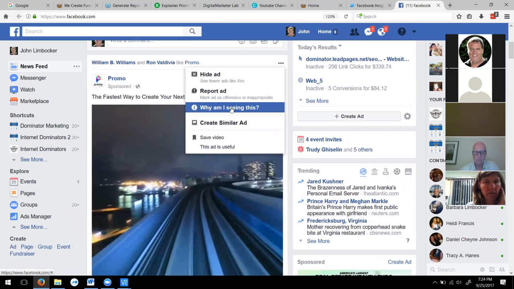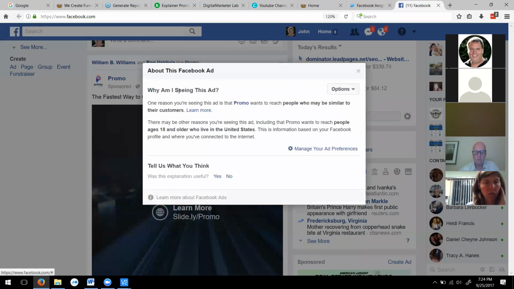So basically, this will give you insight into this advertiser. It'll tell you there may be other reasons you're seeing this ad, including that promo wants to reach people ages 18 and older who live in the United States. So this is going out to a massive audience. They're basically taking a shotgun approach on this ad.